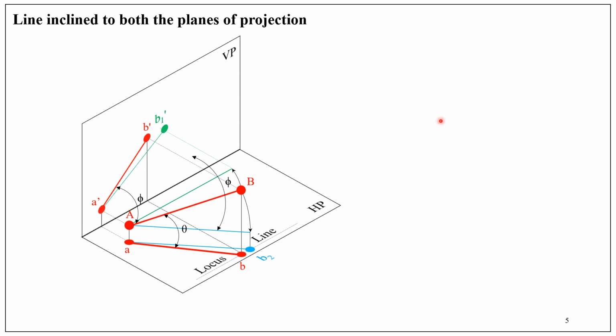A dash B1 dash is the true length of the line in the front view, and from our inference we know B dash and B1 dash are at equal distance above the horizontal plane. Therefore, we can draw a line through B dash and B1 dash and that line is called a locus line. So this locus line is also parallel to XY or the reference line.